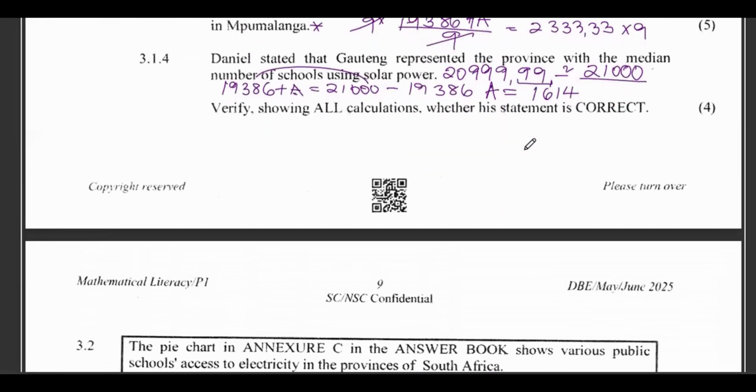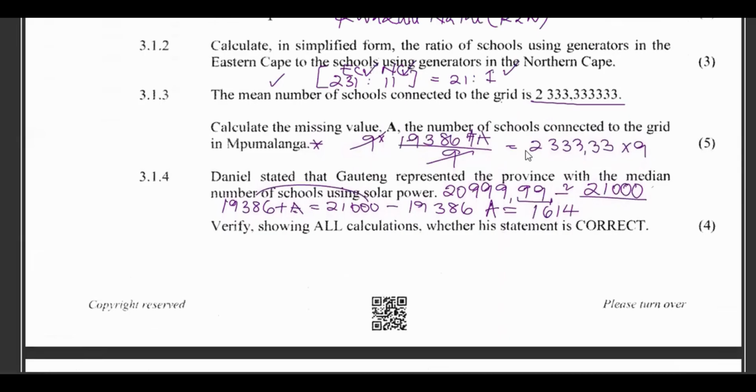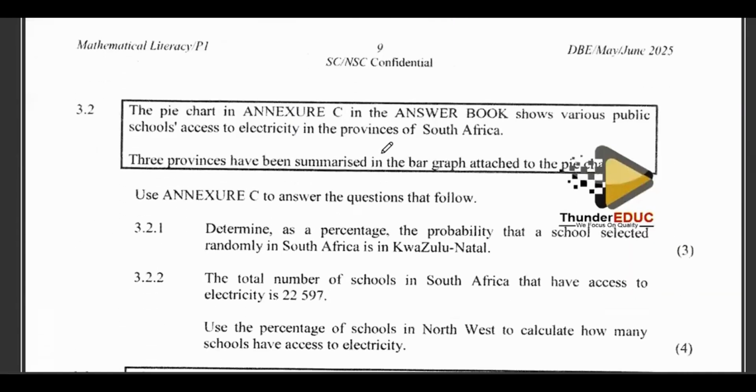Here they wanted you to arrange those numbers nicely and confirm, you look for the median and indeed it's valid. It's correct. State whether his statement is correct. His statement is correct. We've just seen that.